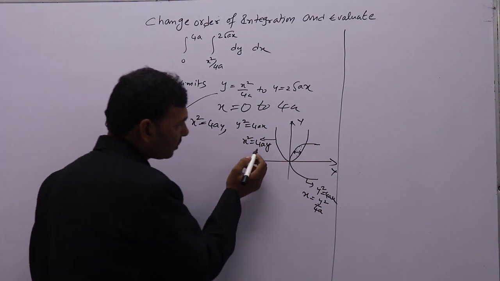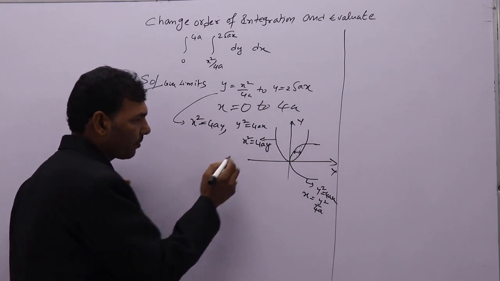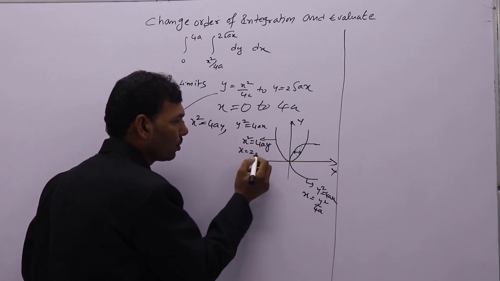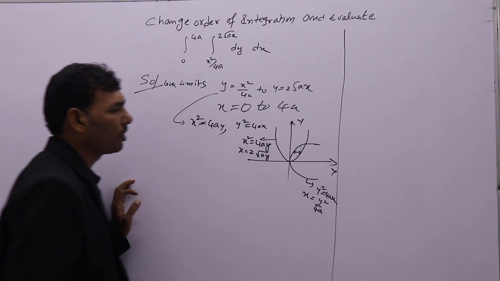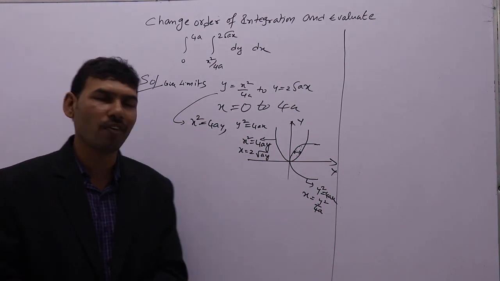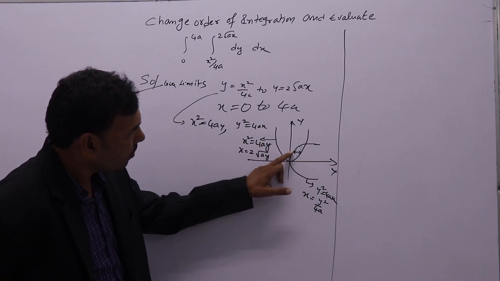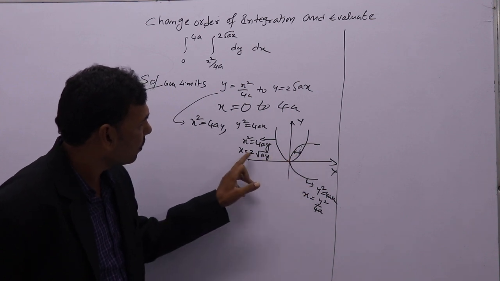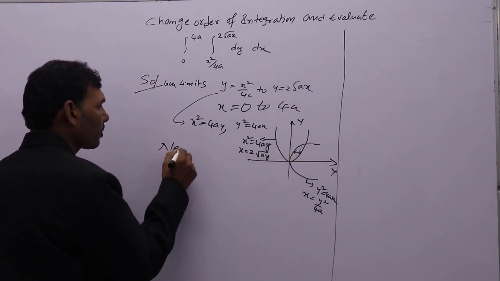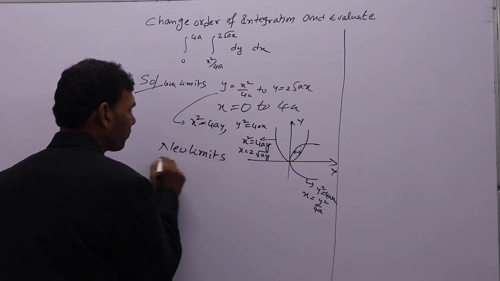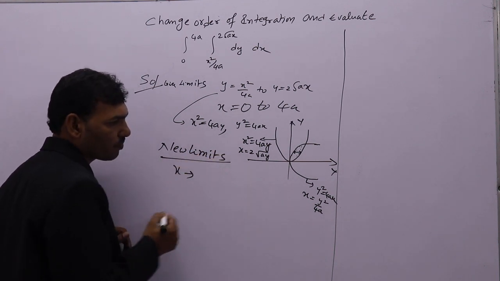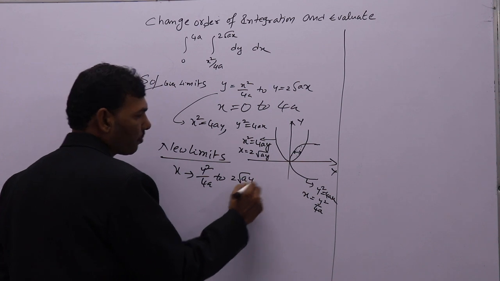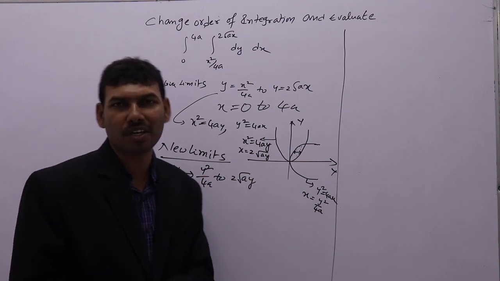And this is x square equal to 4ay, so x equal to root of 4ay, that is 2 root ay. So now you got the x limits in terms of y: from y square by 4a to 2 root ay. The new limits of x are y square by 4a to 2 root ay.